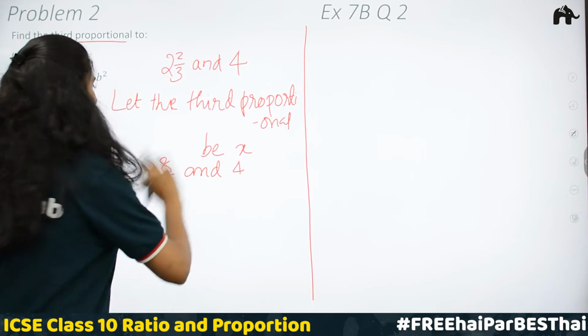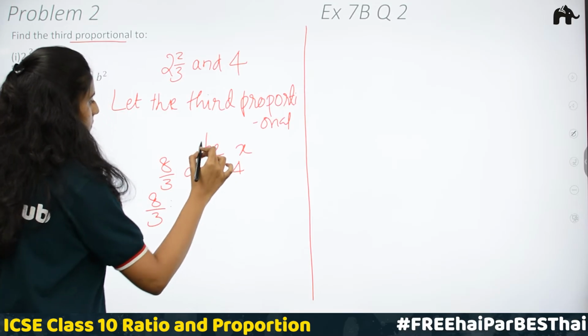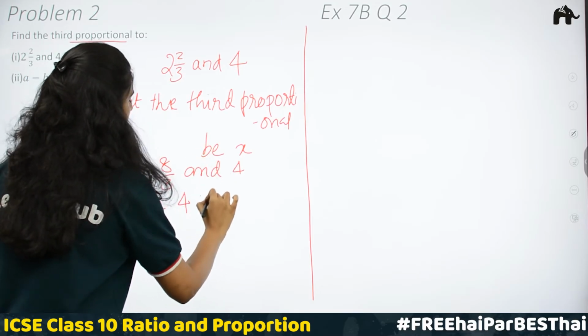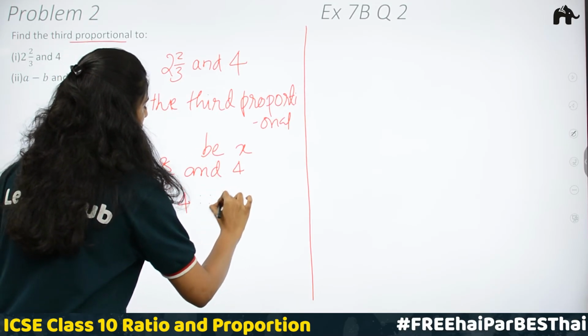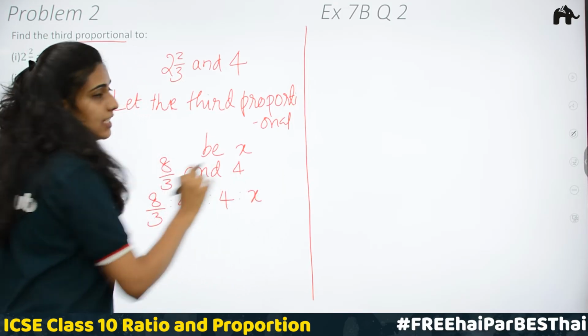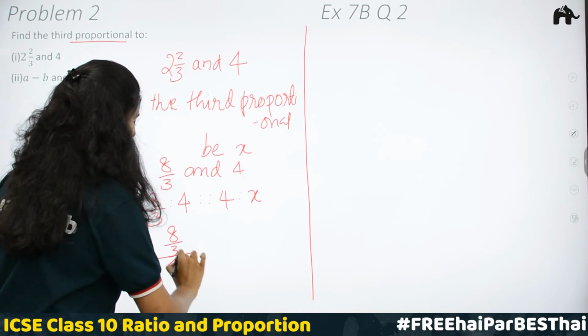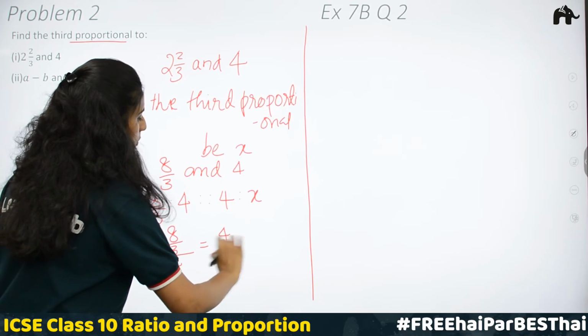Now this can be written as 8 by 3 is to 4 as 4 is to x. To find x: 8 by 3 divided by 4 is equal to 4 by x.